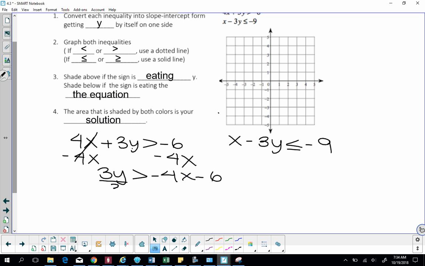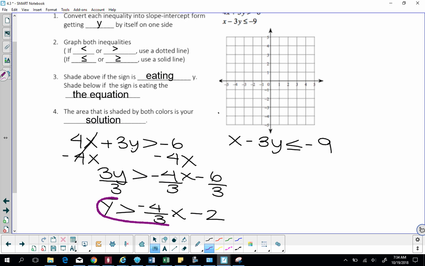Divide each term by 3. Does the sign flip? No, because that 3 isn't negative. So I would end up getting y is greater than negative 4 over 3x, minus 2. Plus negative 2, same thing. And so this would be my first inequality.